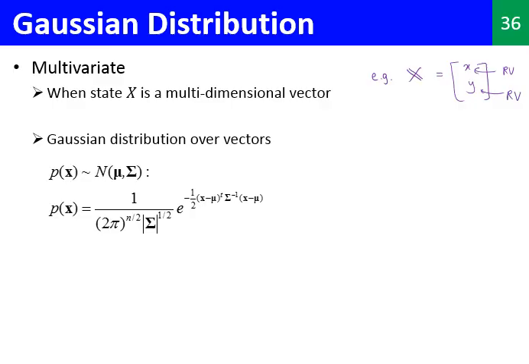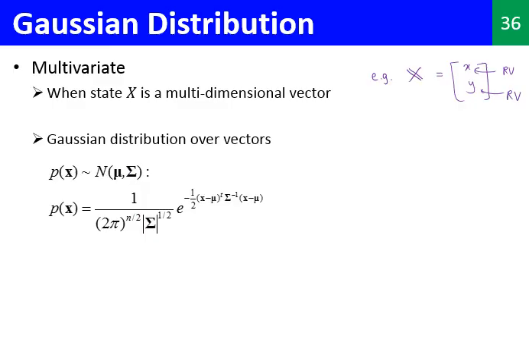So it pretty much resembles the Gaussian function we had for the scalar, but you can observe here x is a vector and mu is also a vector, and here comes the covariance matrix, actually the inverse of that, right? And here we have the determinant of the covariance matrix.